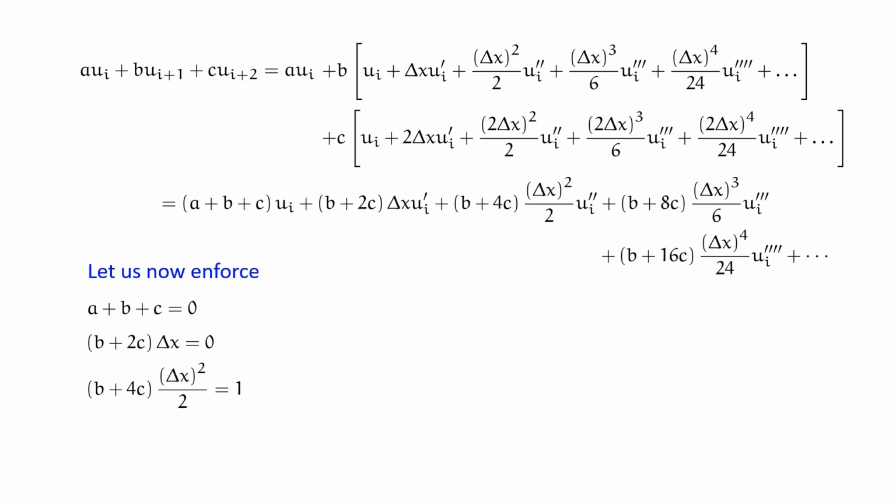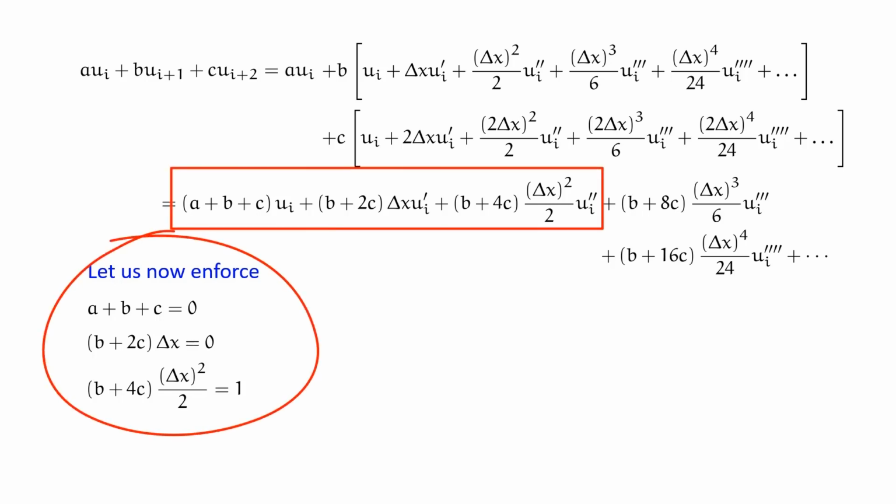Clubbing up the terms, we have A plus B plus C multiplied by u_i, plus B plus twice C multiplied by delta x u_i prime, plus B plus 4C multiplied by delta x square by 2 u_i double prime, etc. As we are trying to express A u_i plus B u_{i+1} plus C u_{i+2} as u_i double prime, our goal now is to make A plus B plus C equal 0, B plus twice C into delta x equal 0, and B plus 4C into delta x square by 2 equal 1.